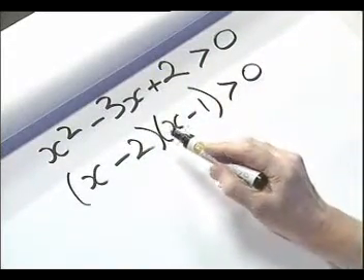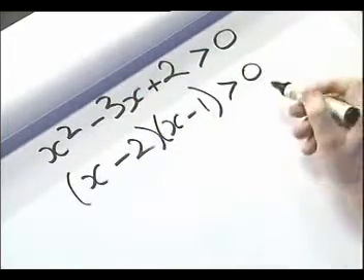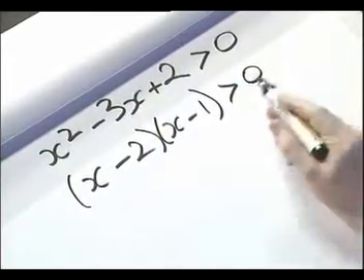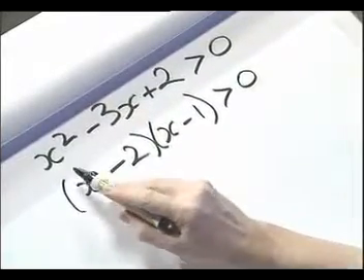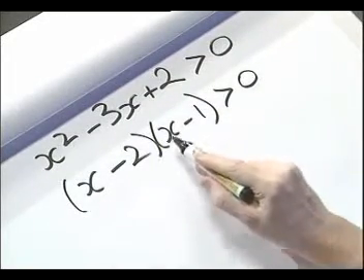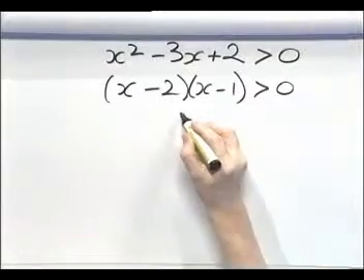Now if this was a quadratic equation, we would simply say, right, x equals 2 or x equals 1, and that's it. But we've got a bit more work to do here. Whether this expression is greater than 0 is going to depend on the sign of each of these two factors. We sort this out by using a grid.